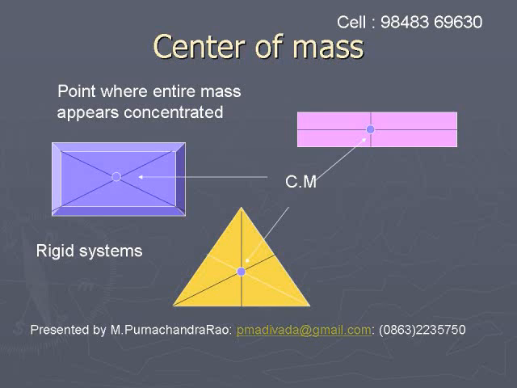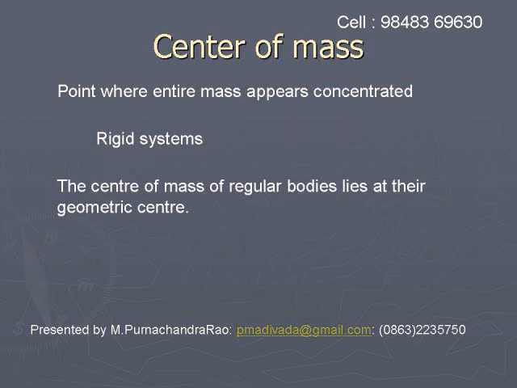If you draw the medians, which are the same as altitudes, they meet at a point. The point of intersection of the medians will become the center of mass. In the case of a circular plate, the center of that circular plate becomes the center of mass. So, the center of mass of regular bodies is the geometric center of that body.